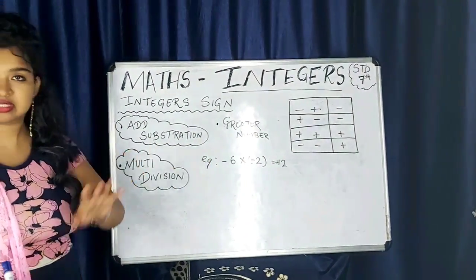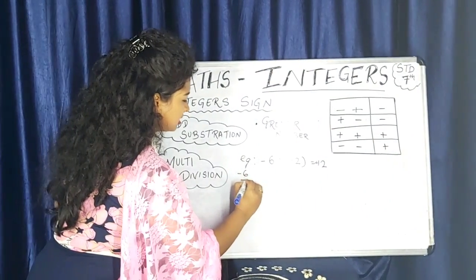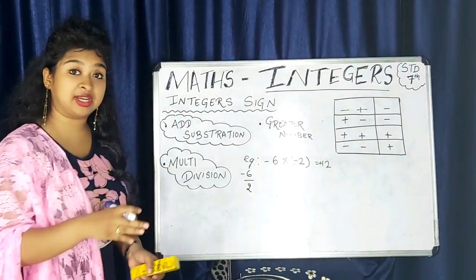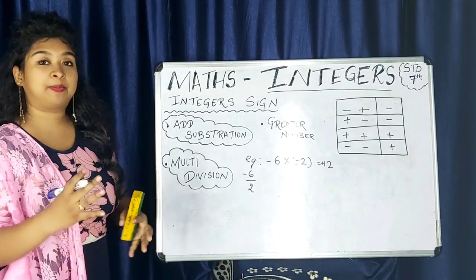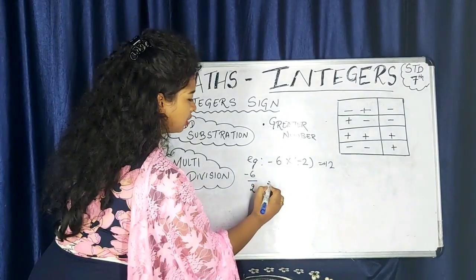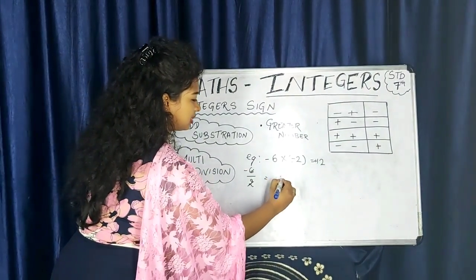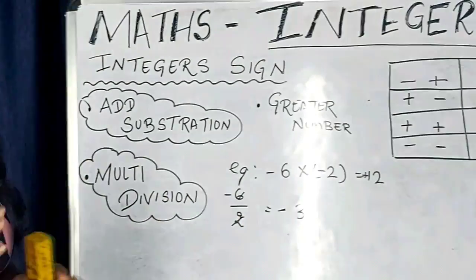But if it is minus 6 divided by 2, in division it does not depend on whether it is greater or smaller. The answer you get is 3, right? So it will be minus, plus minus minus.